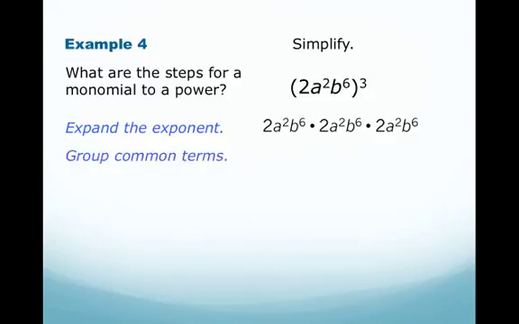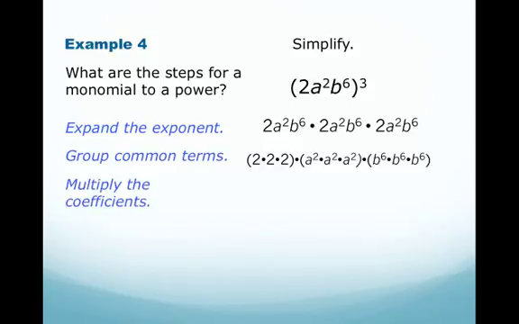If I group my common terms, I get 2 times 2 times 2 times a squared times a squared times a squared times b to the 6th times b to the 6th times b to the 6th.